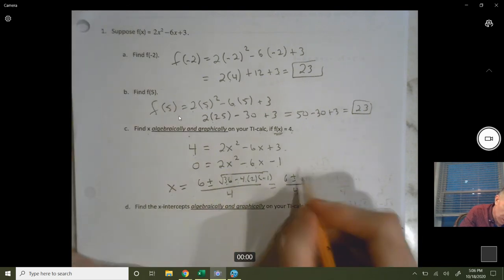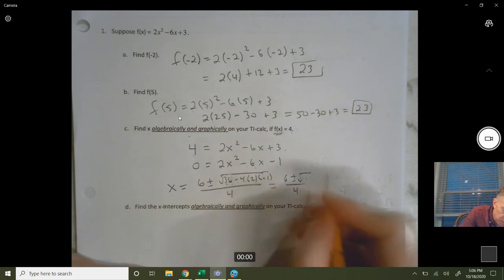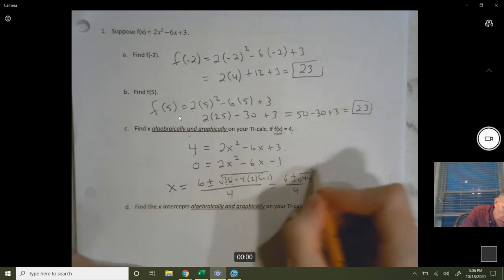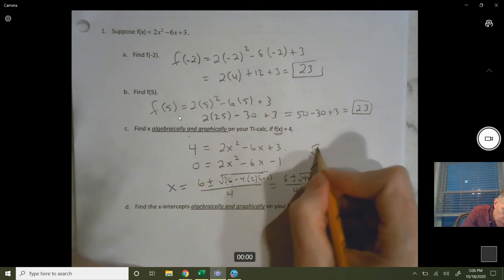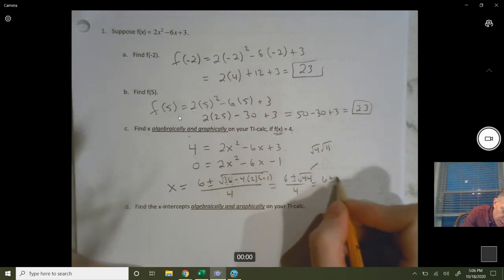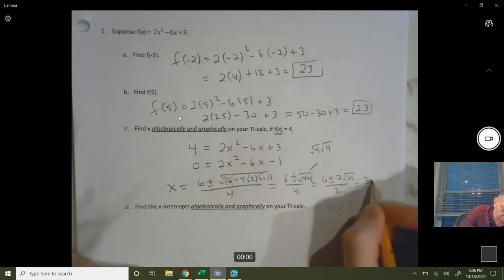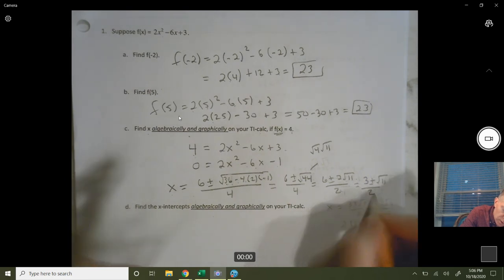So we got square root of 36 plus 8, so 44, which reduces to square root of 4 times square root of 11. So we've got 6 plus or minus 2 root 11 over 2. Simplifies into 3 plus or minus root 11 over 2.